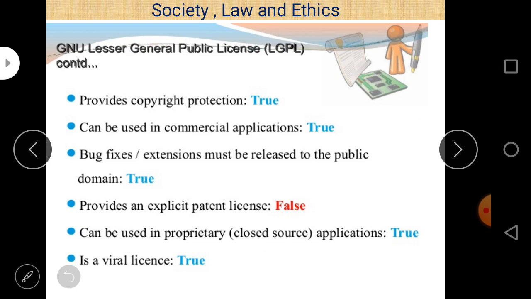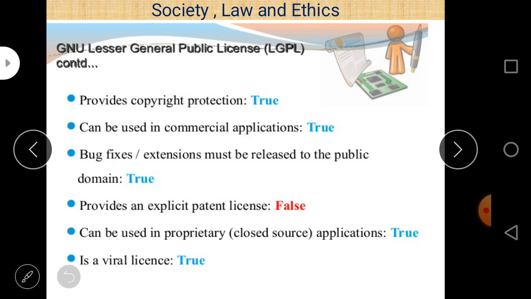Fourth point: provide an explicit patent license. This is false. It does not provide an explicit patent license. And next point is can be used for proprietary applications. Yes, it is true. And it is a wider license. Yes, it is also true. So basically the key point regarding LGPL is that it does not provide an explicit patent license.